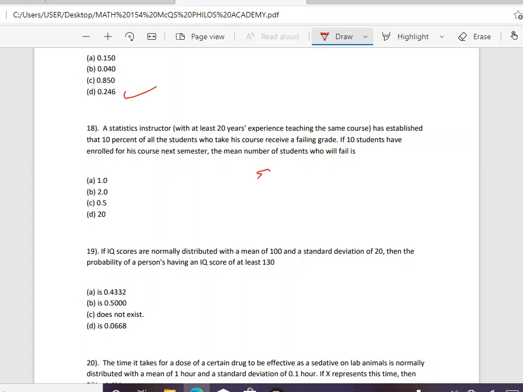And you know, expected mean is equal to n times p. Now, according to him, 10% of his students will fail, meaning his p is equal to what? 10%, which is 0.1, isn't it? Then the question is asking that if 10 students enrolled, meaning n is equal to 10, we should find the expected mean.